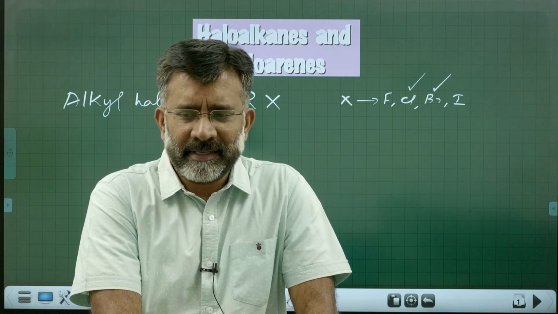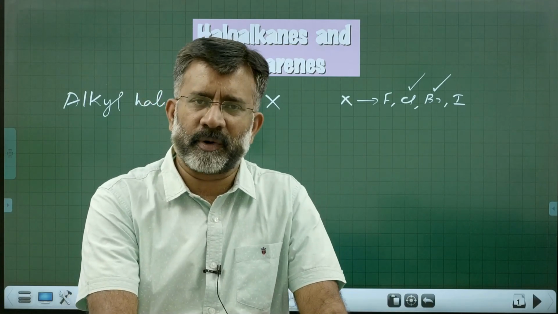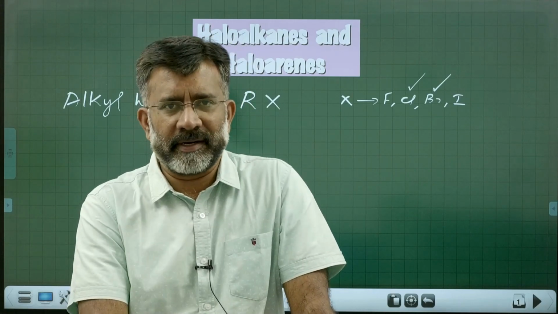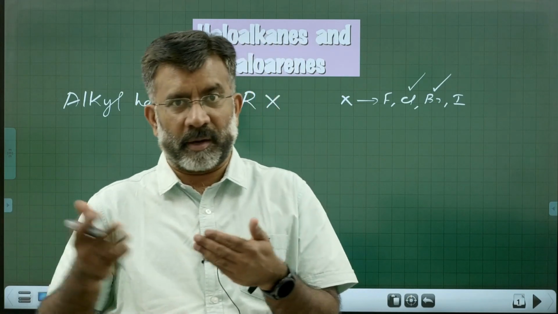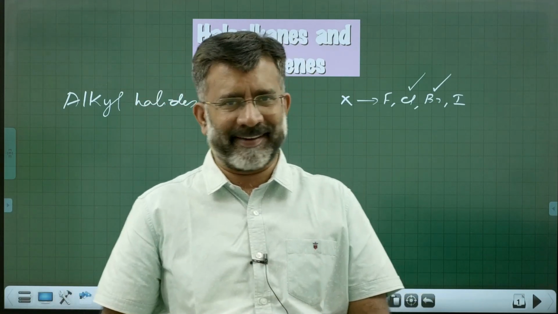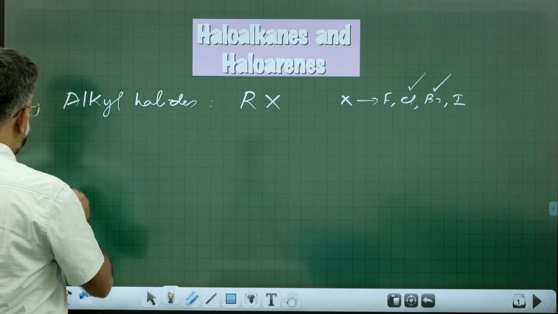Alkyl fluorides and iodides have some abnormal characteristics and are slightly different in their properties, though they also come into the picture quite frequently. And R means alkyl group.